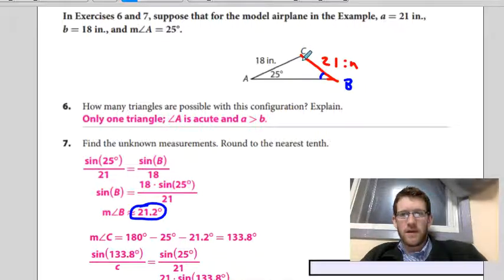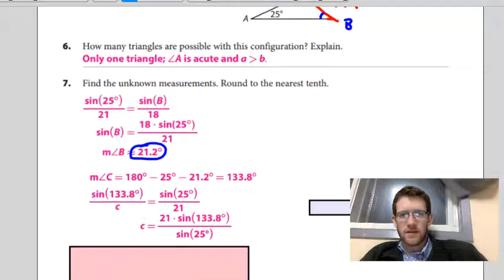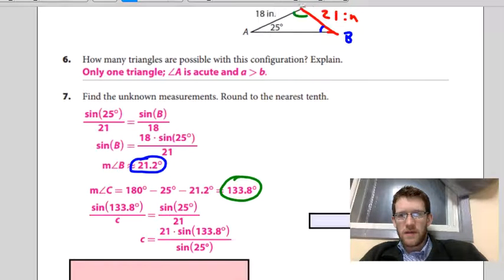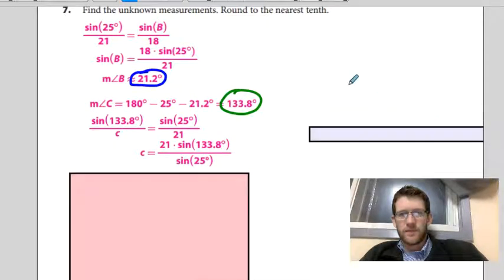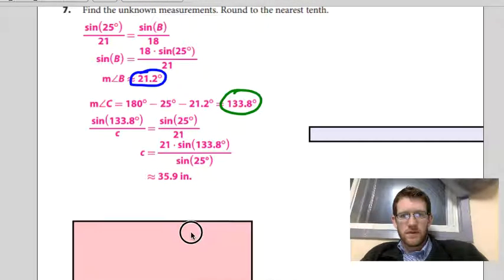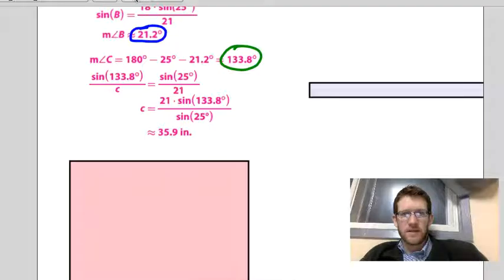Once we have angle B, it should be pretty easy to calculate angle C using the angle addition postulate. Gives you 33.8. And then finally, when we have angle C, the very last piece of information we can get is side C using the law of sines again. Side C coming out to 35.9 inches.